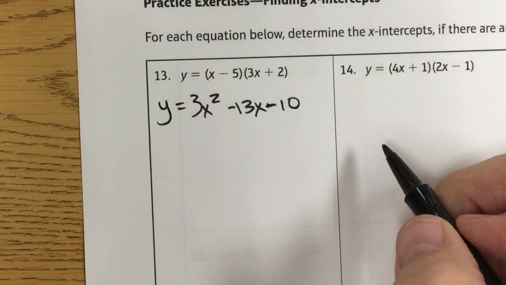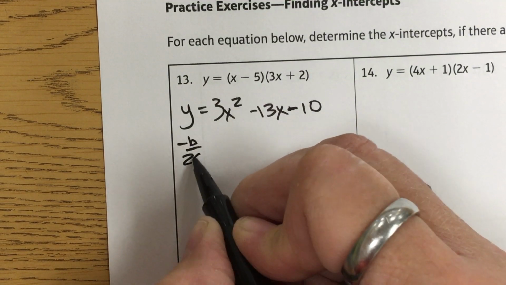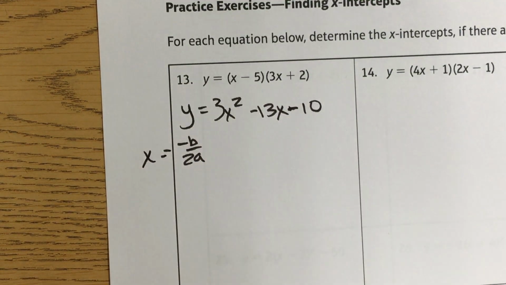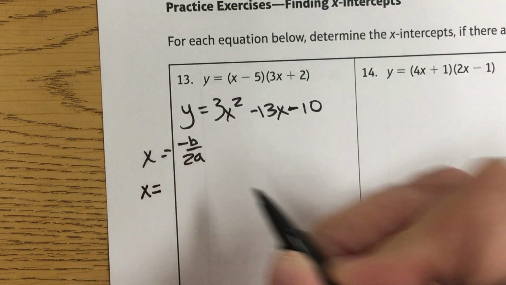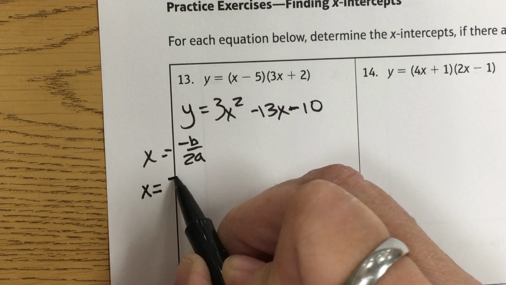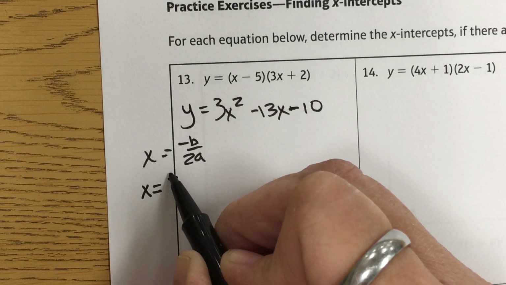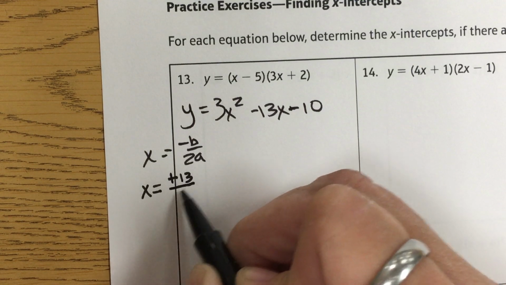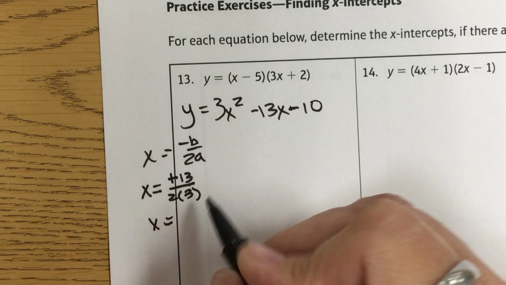Now, this one's going to be a little rough. Negative b over 2a is equal to x. That's how we find the axis of symmetry. So x is going to equal negative, well, that'll be positive 13 over 2 times 3. Oh, that's going to be nasty.